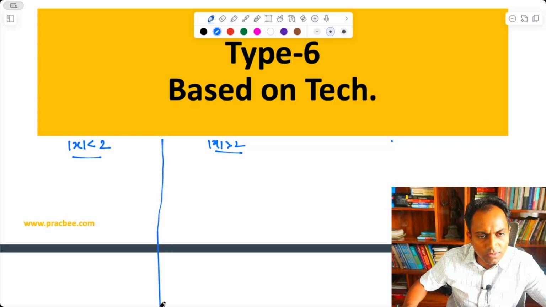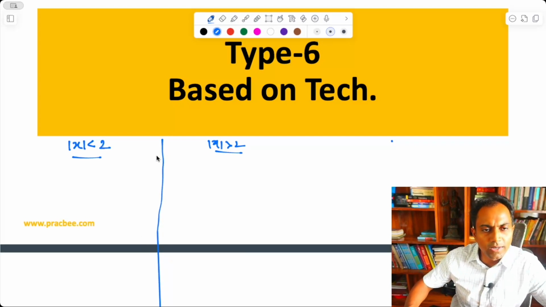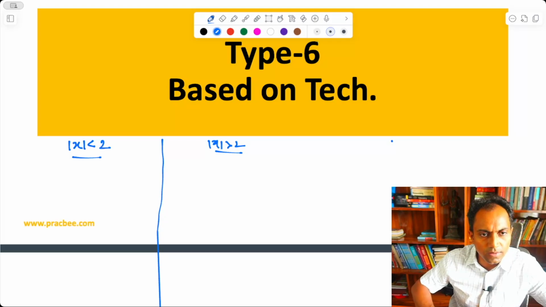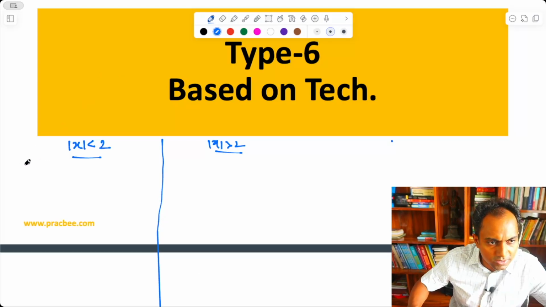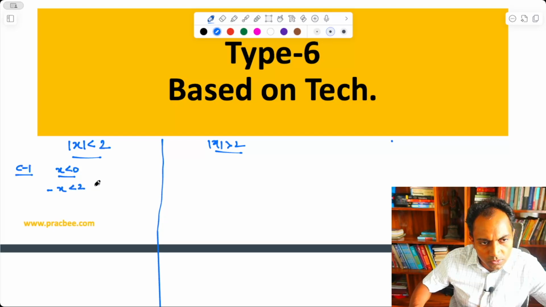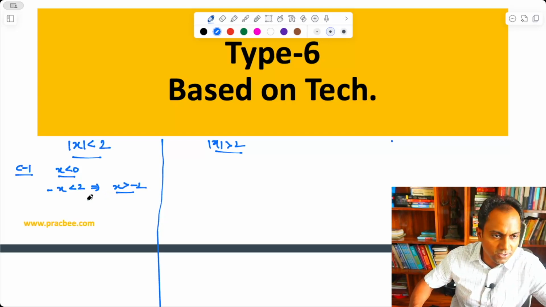If I want to solve the first one, the core idea would be to take two cases. So first I will consider my case 1. My case 1 is if I take values of x smaller than 0, in that scenario modulus will open with a negative sign. So minus x would be smaller than 2. Or if I take the minus sign on the other side, the middle sign flips and x would be greater than minus 2.